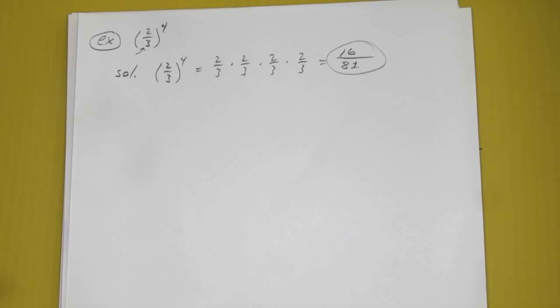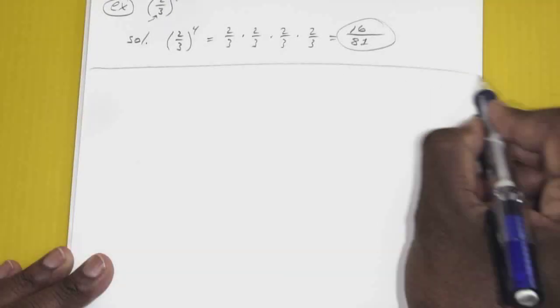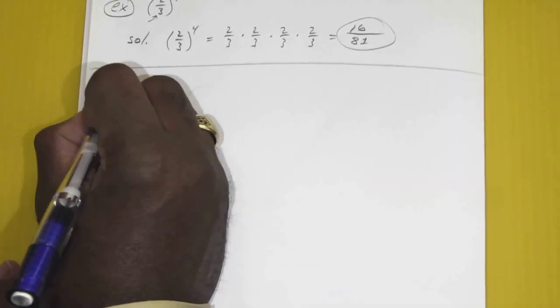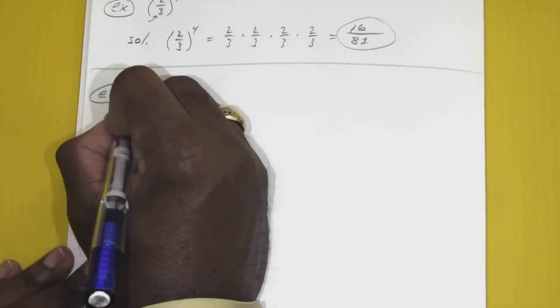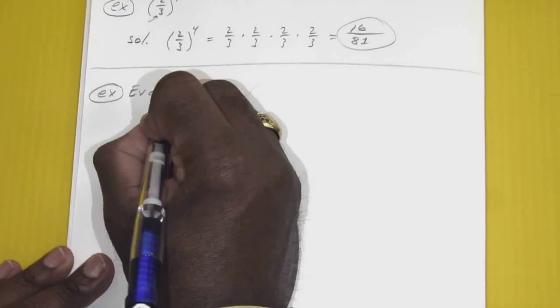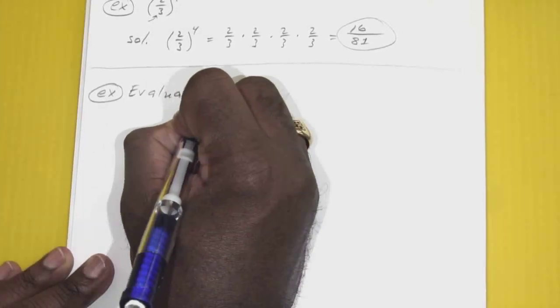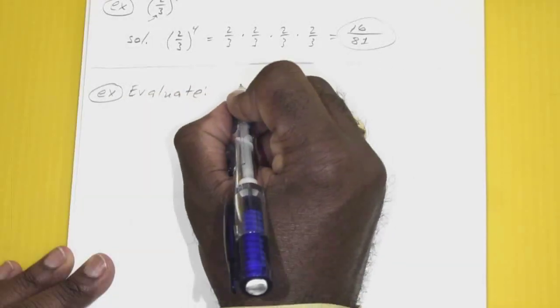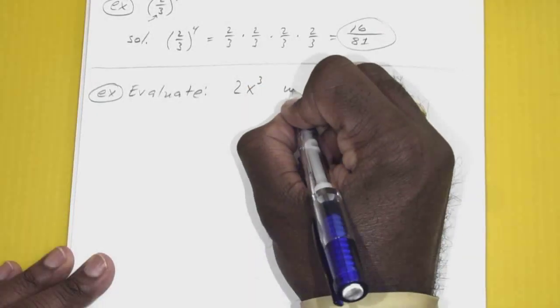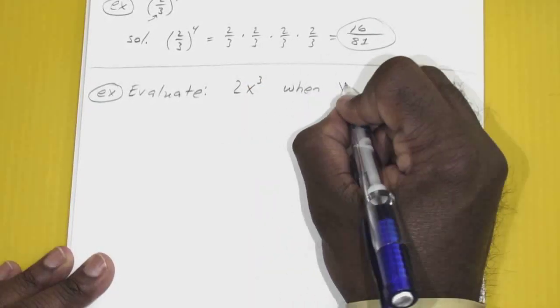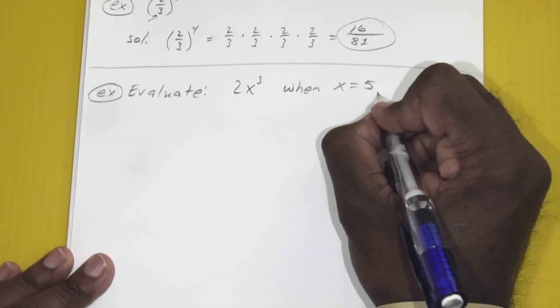Oh, should have plenty of room to finish up on this one. So let's say, for example, we wanted to evaluate 2x to the third power when x is equal to 5.